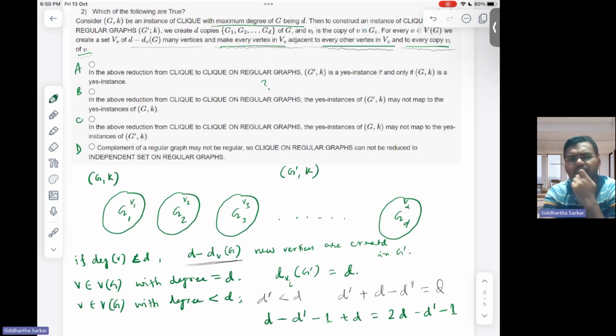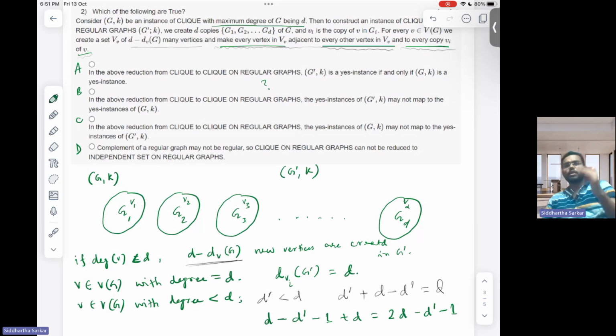Let me give it a thought. You introduce D minus dG V vertices and add edges between every vertex of that and every Vi.